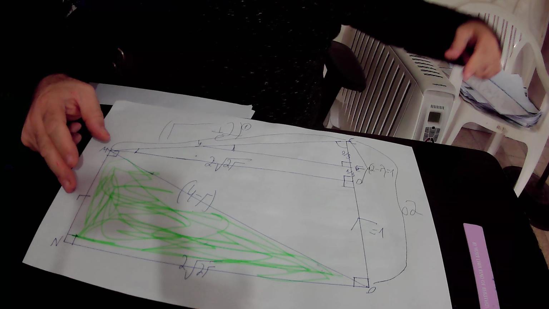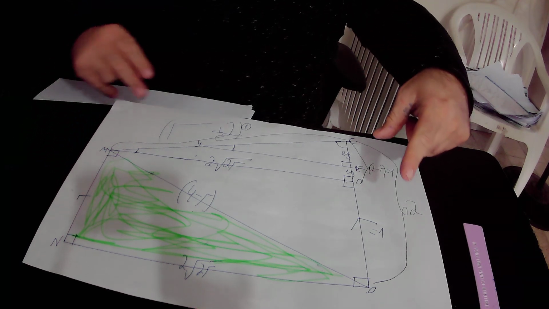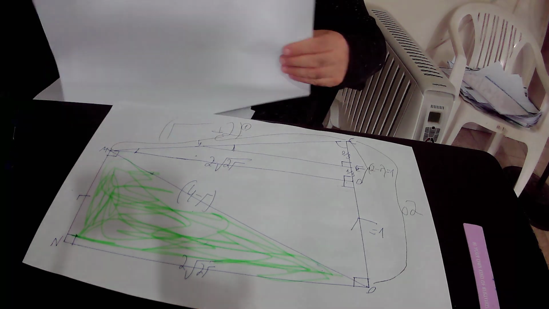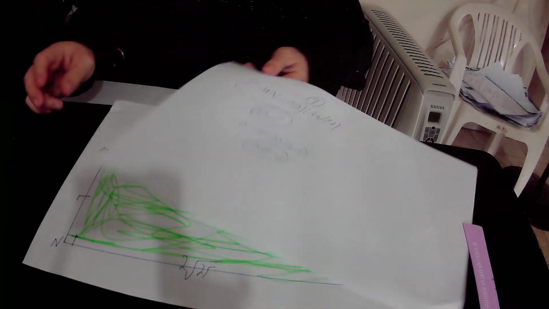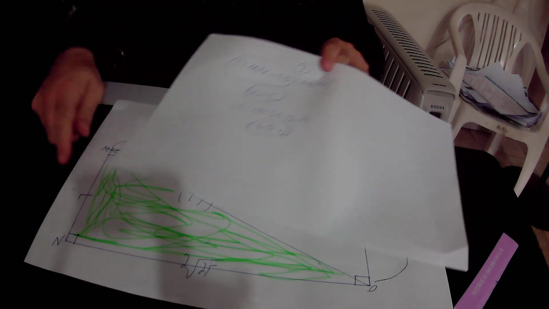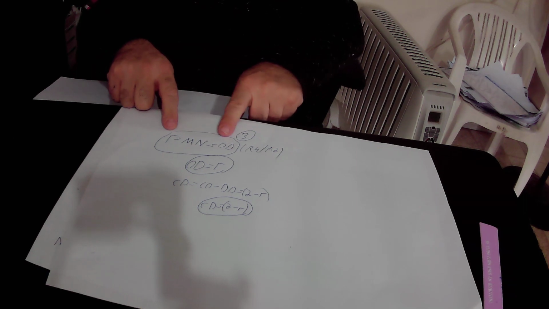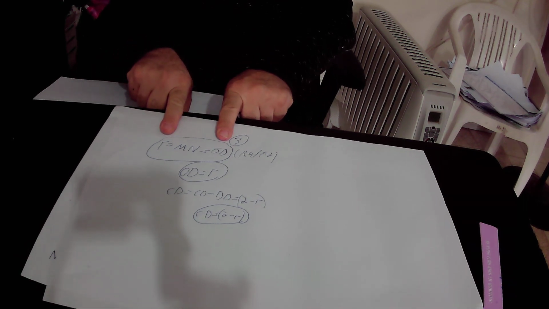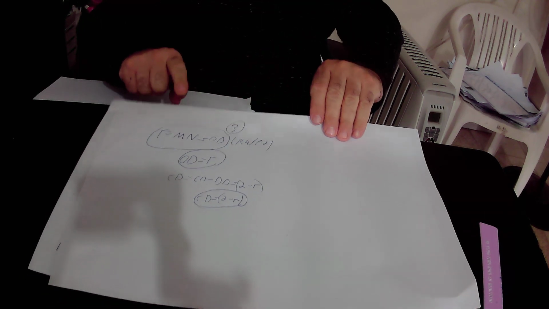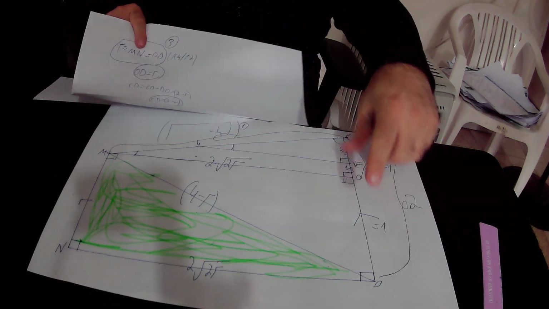So MN equals OD according to rule number 2. But we already know that MN equals R. So from this equality we conclude that OD also equals R.